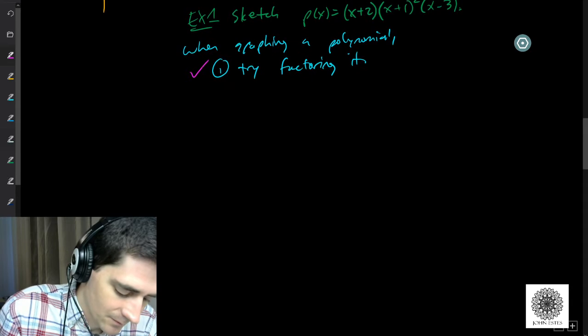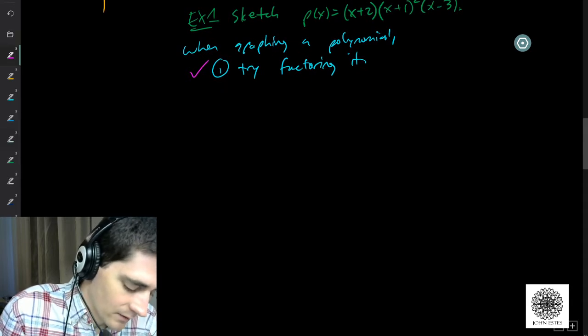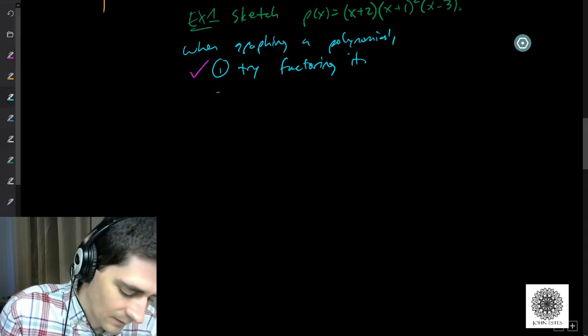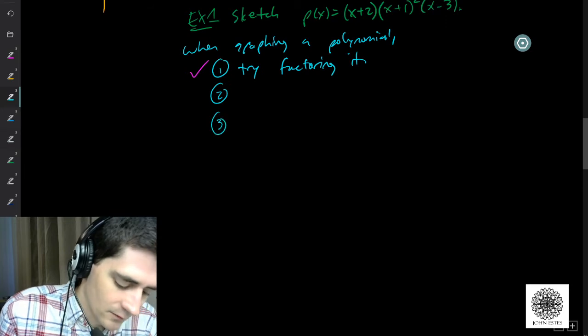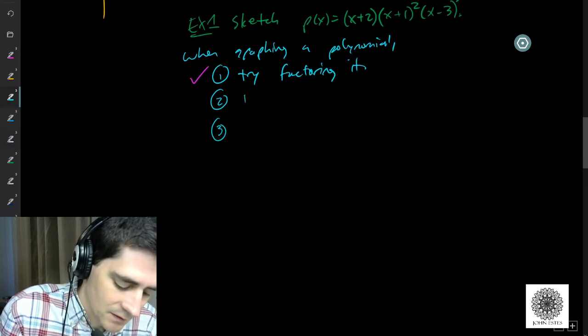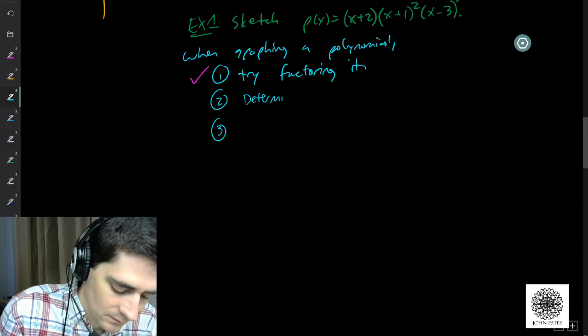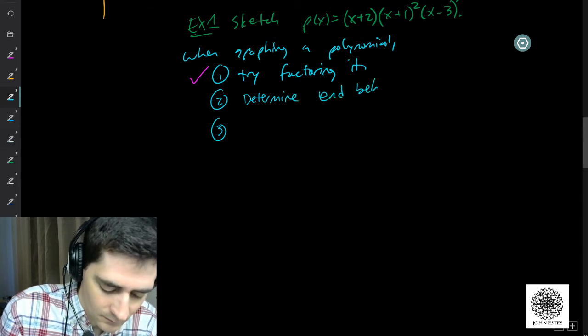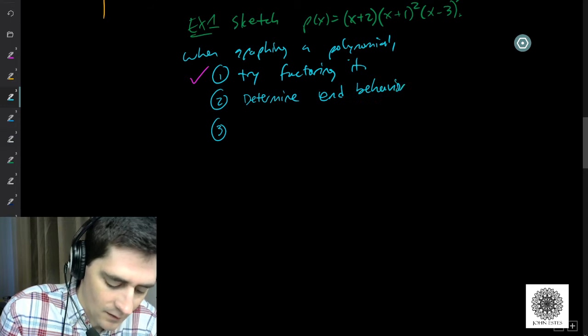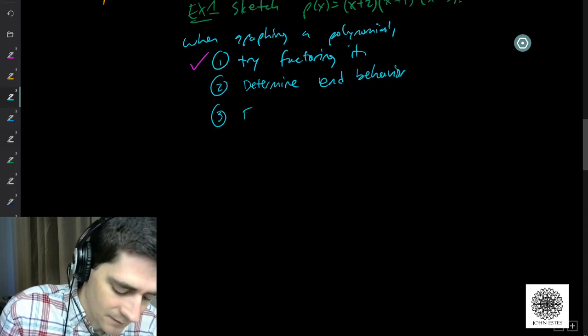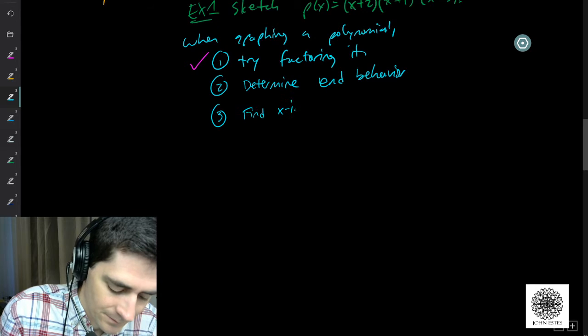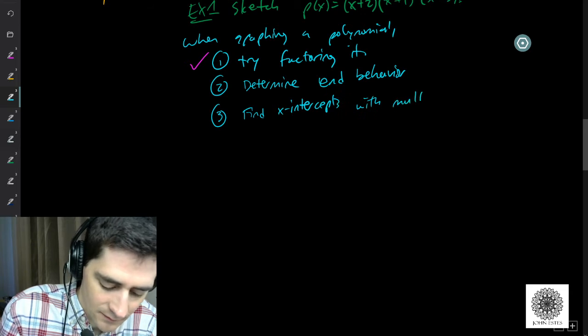The second part and the third part can be done in either order. We can say let's determine the end behavior, and the other thing is find x-intercepts, which should be easy if it's factored, with the multiplicities.